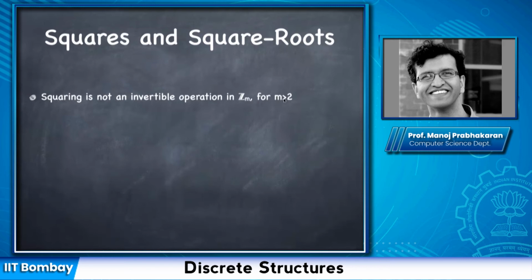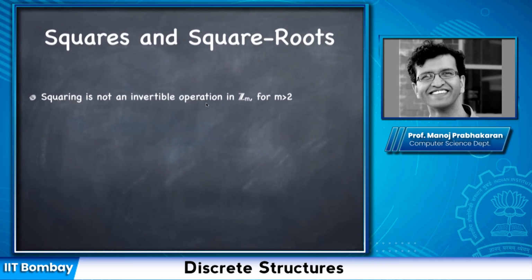M equal to 2 is not very interesting. There are only 2 numbers there, 0 and 1, and they're both squares and square roots of themselves, and there are no other numbers to go around. But for m greater than 2, you will always find some numbers which do not have square roots.